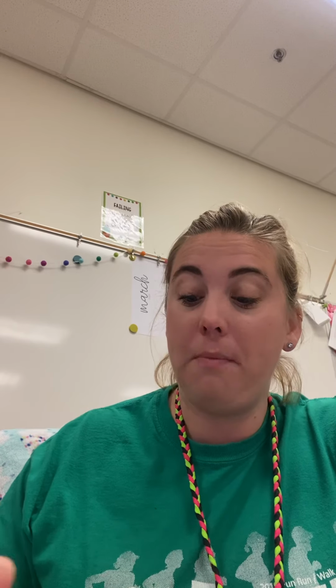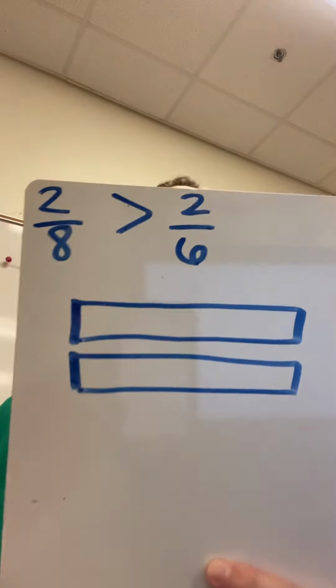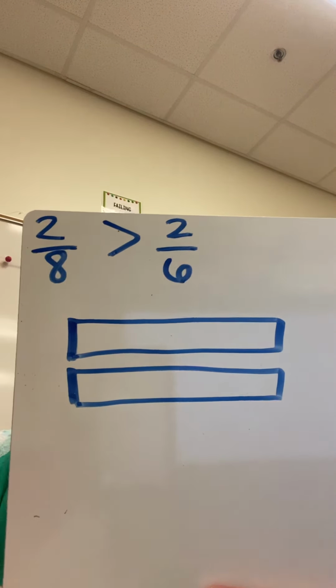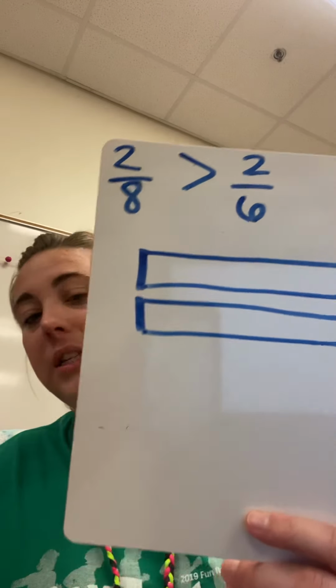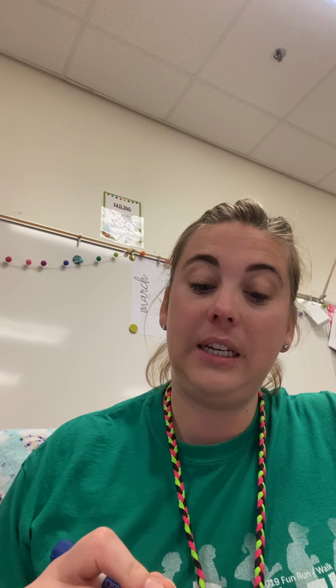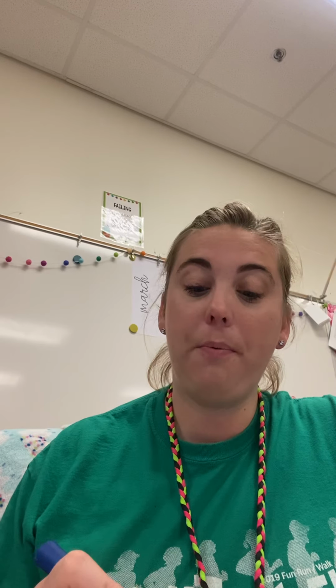Now, both my fraction bars are of an equal size. Remember, if you don't make them equal size, you may mess up when comparing them because they're not comparable. So I'm going to partition one of them into 8ths. And I'm going to partition one of them into 6ths.